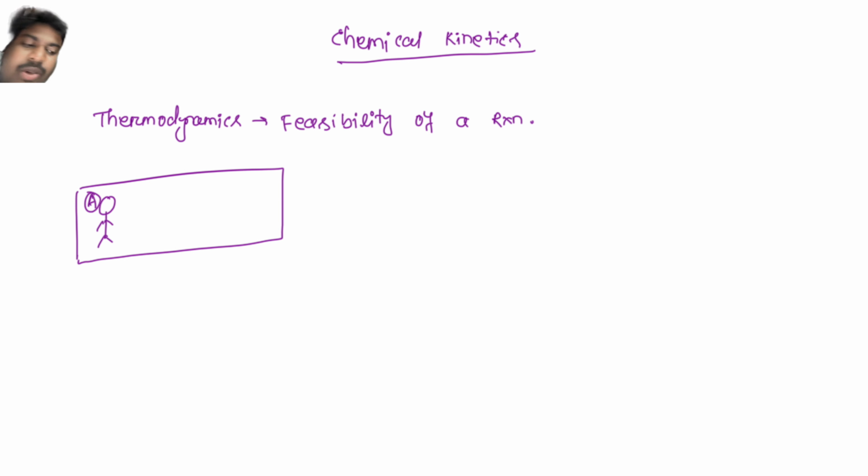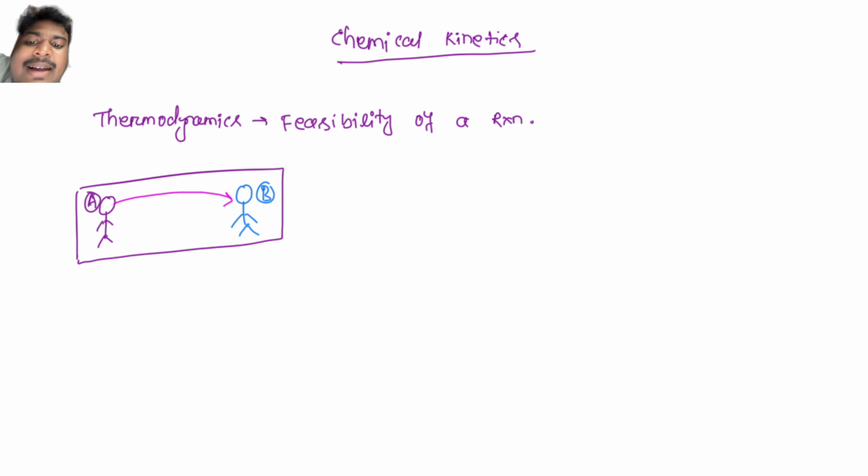Let's suppose this is student A, and here imagine this is student B. Now A wants to give the pen to B. So this is the feasibility: is there a possibility that A can give the pen to B? Yes. So this is the feasibility of the reaction.